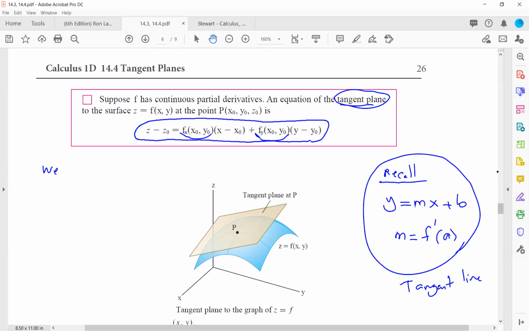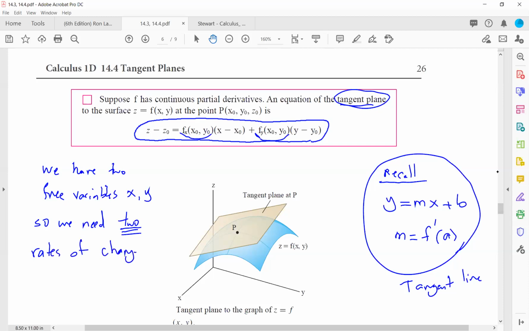We have two free variables, x and y, so we need two rates of change.